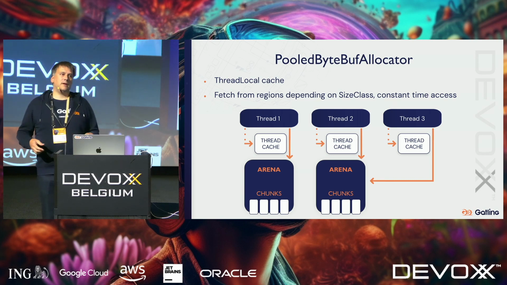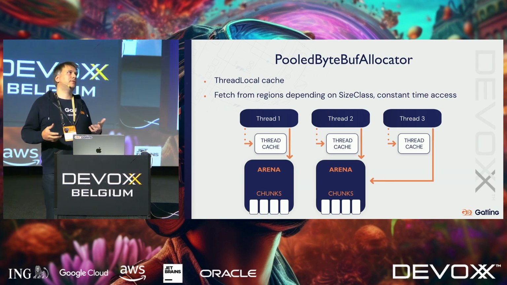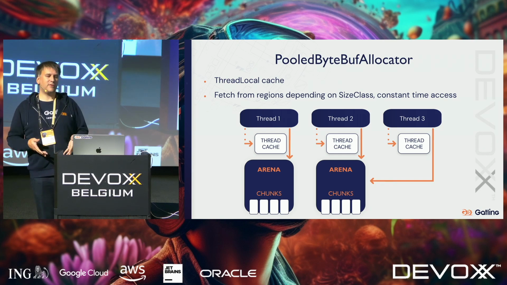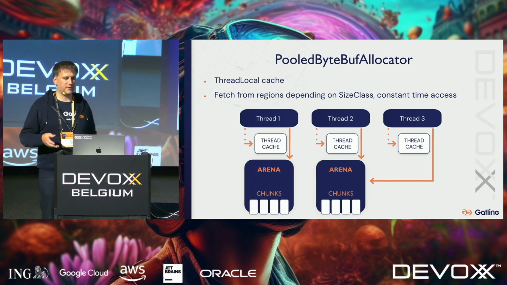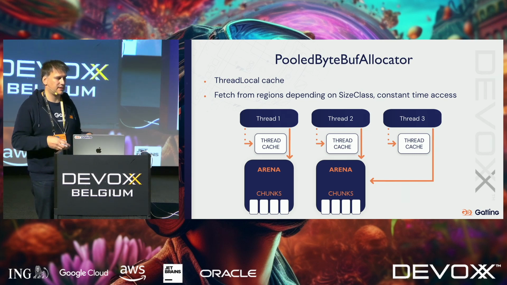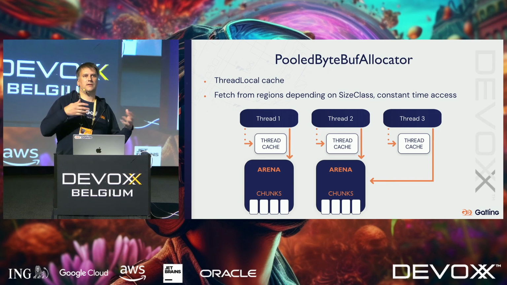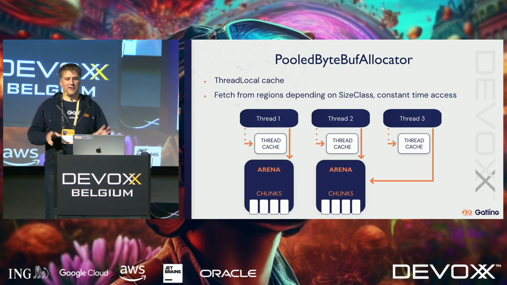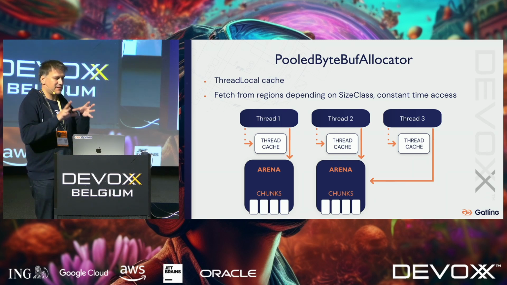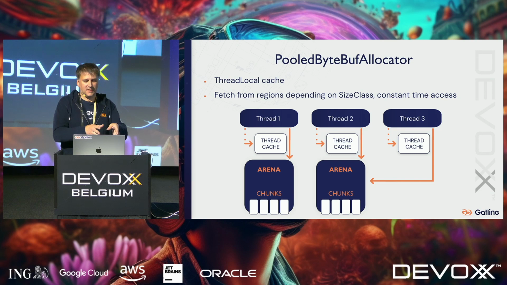And so Netty couldn't directly use the jemalloc native library and have some JNI binding because the performance was not that great. So what they did actually is that they re-implemented something similar directly in Java. It's honestly very complicated, lots of research in there, but here is a simple way to understand the mechanism.